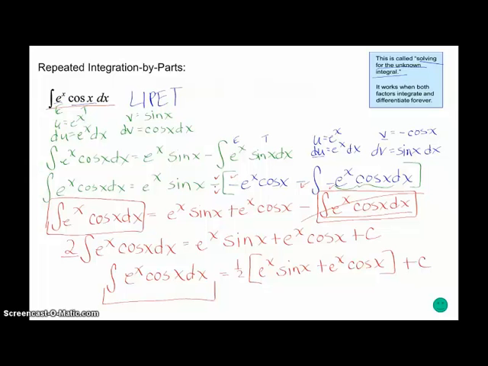So if that happens, if you keep getting integrals that are of the same general form that you started with, look for your original integral to show back up. Keep looking for that integral that you started with, and hopefully it's being subtracted, because then you can add it.